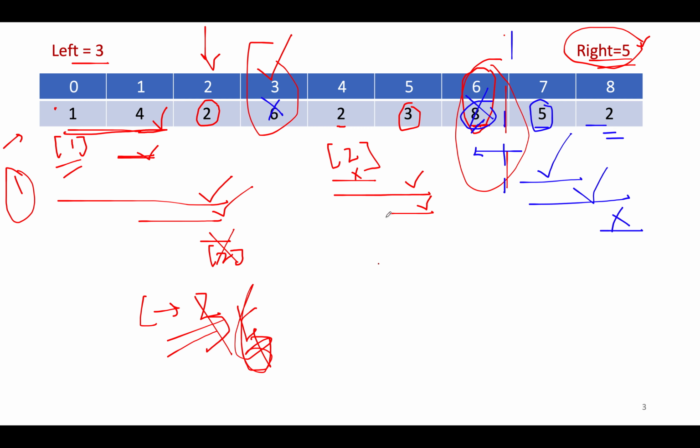So how many sub-arrays did we identify in this complete process? 1 comma 4, 4 independently, 1 4 2, 4 2, 2 3, 3 5 and 5 2. So that makes the count 8.